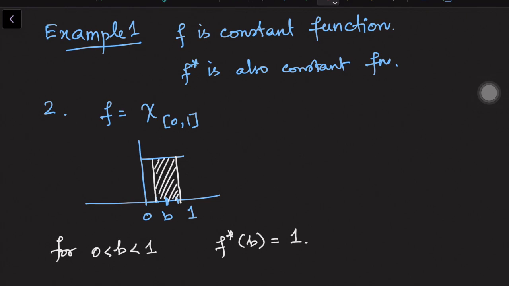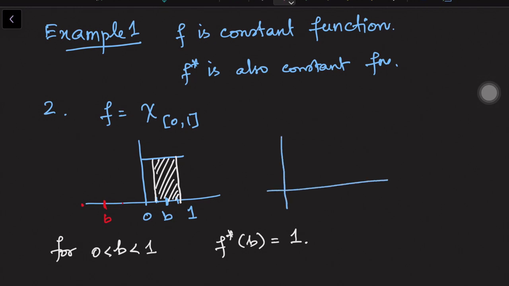So if I consider b on the negative side, and as long as b minus t and b plus t are on the left of 0, then the integration is going to be 0, and hence the supremum of the expression is also going to be 0, and hence we should get into the interval 0 1. Okay, let me try it again.